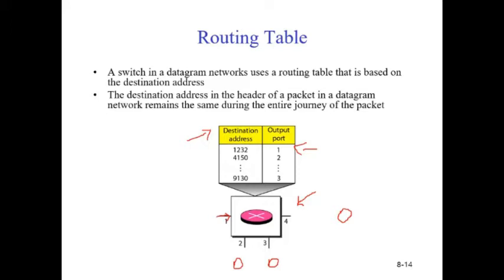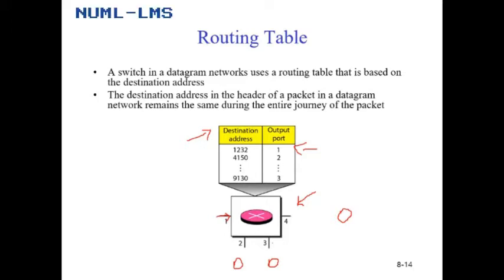The destination addresses and the corresponding forwarding output ports are recorded in the table. This is different from the tables of circuit switch networks, in which each entry is created when the setup phase is complete and deleted when the tear down phase is over. So circuit switching is different from datagram switching.